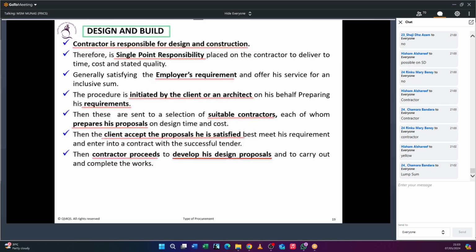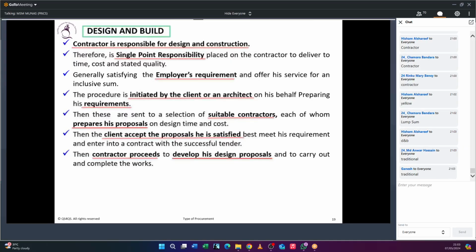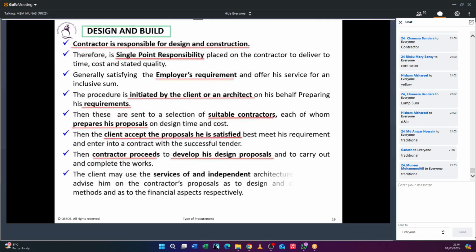So tell me, the time for design and construction, where is it higher, in the traditional or design and build? Where will you spend more time? In the traditional. Okay, in design and build, the time overlaps between the design and the construction. Therefore, the total time for design and construction is less compared to the traditional.